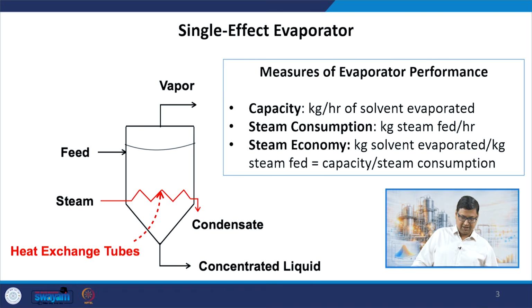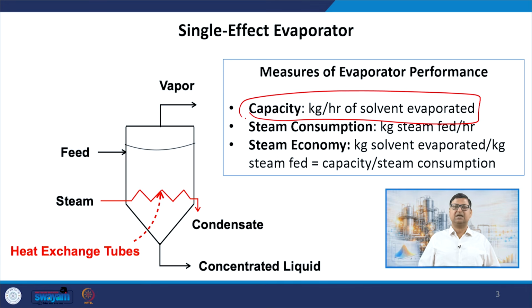Going forward, if we think about an evaporator, there are certain measures of its performance. The first measure is how many kg per hour of solvent is evaporated; that is what we know as the capacity. Then how much steam is consumed in order for that to happen; that is the steam consumption.